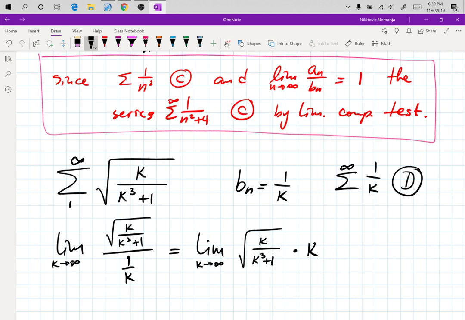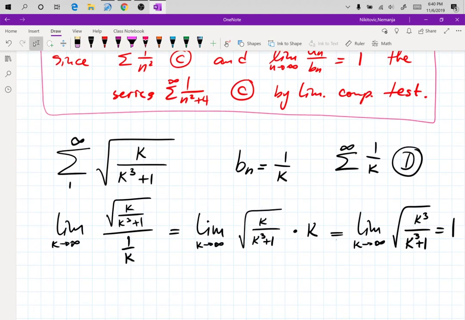And when it goes inside the root and picks up the square, it will make the k cubed. So this becomes limit k goes to infinity, square root of k cubed over k cubed plus 1, which is 1. Because you have k cubed divided by k cubed. If you divide everywhere by k cubed, you will get 1 divided by 1 plus 1 over k cubed. That goes to 0, and you just have square root of 1 divided by 1.